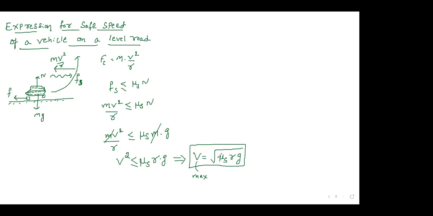And one more thing you have to notice, students. This safe speed does not depend on mass. I mean to say that for a cycle, for a truck, for both vehicles, the safe speed will be the same.